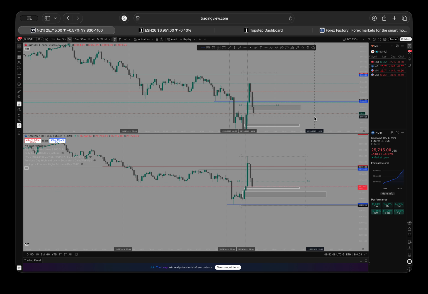So maybe my fair value gap might not be honored on the ES, but the candle has not finished forming, so I'm just gonna wait, watch, and see.